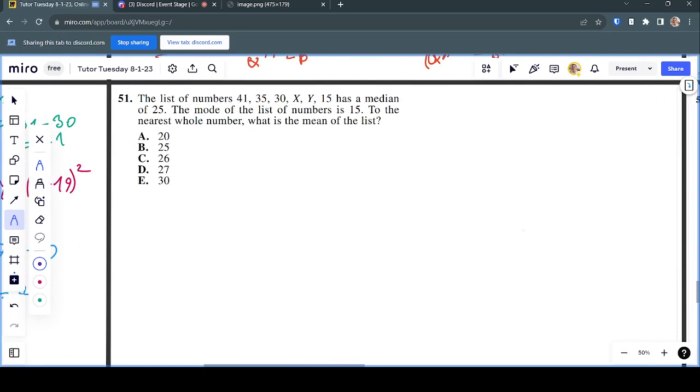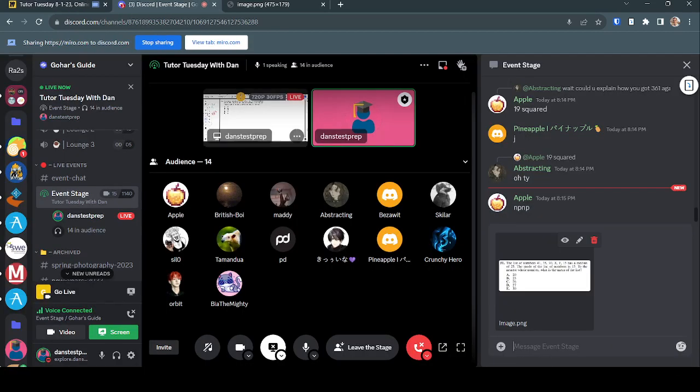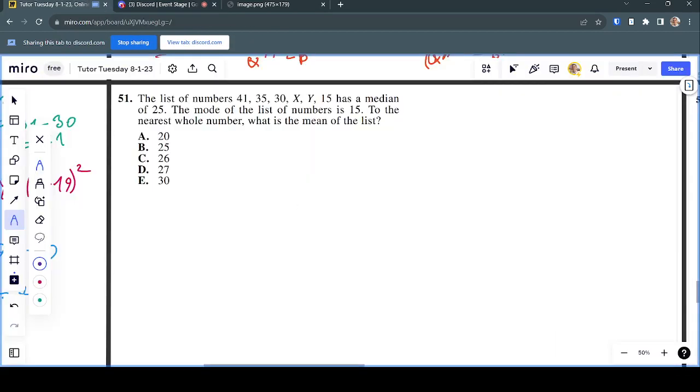Here's another fun ACT problem. The list of numbers 41, 35, 30, x, y, and 15 has a median of 25. So that means the middle number, if they're organized from least to greatest, that would be the median.